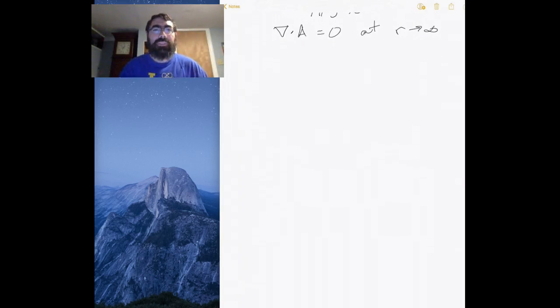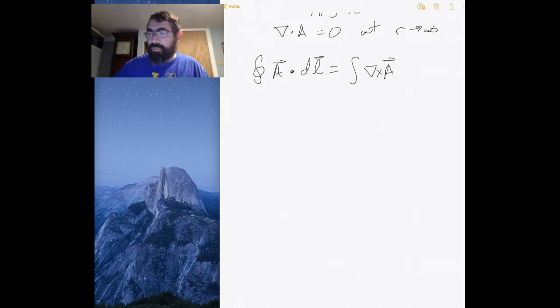What we're going to look at is something called the flux. If we take the integral of the magnetic potential over a path, then from, I believe, Stokes' theorem, we could look at the integral of the curl of the potential dotted into the area. And in this case, the curl of the potential is the magnetic field.